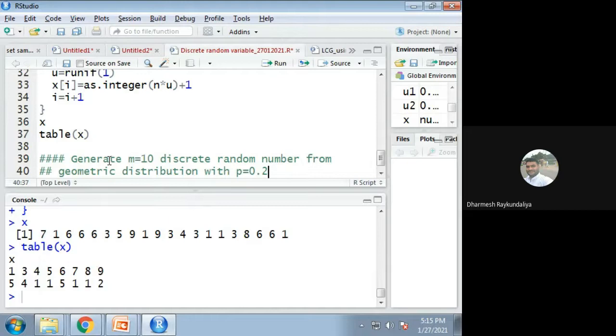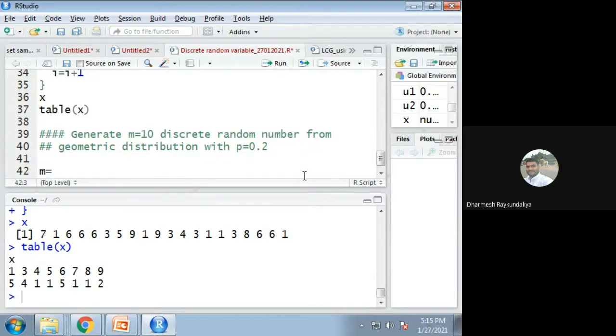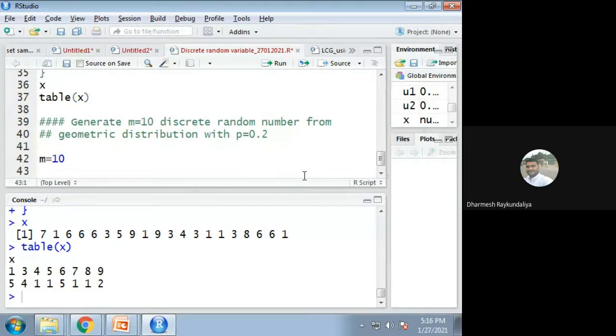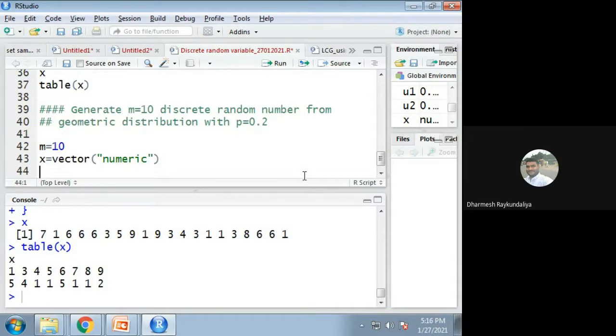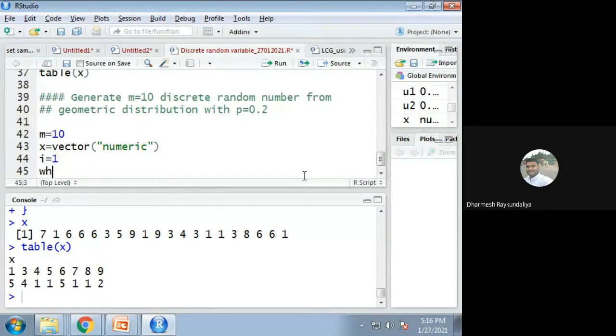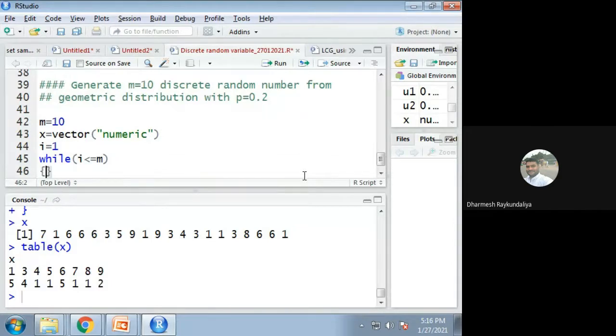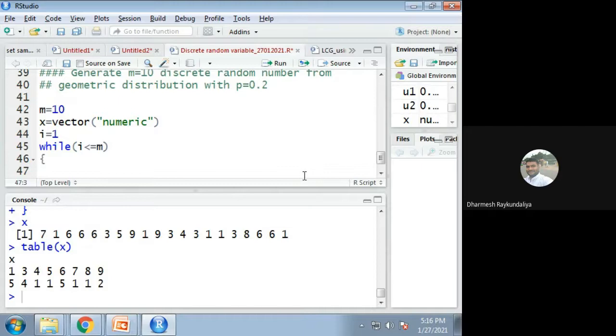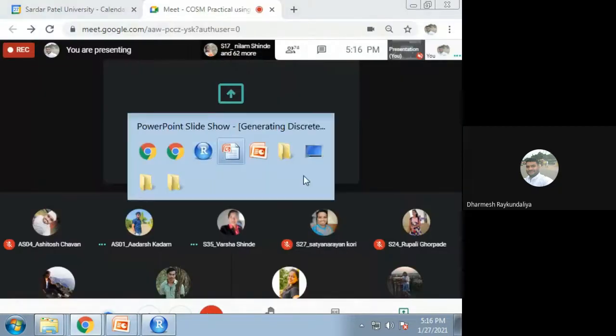In the same way, m equal to 10, x is a vector of numeric, i equal to 1 while i is less than or equal to m. Then u equal to runif(1), because this is the formula.